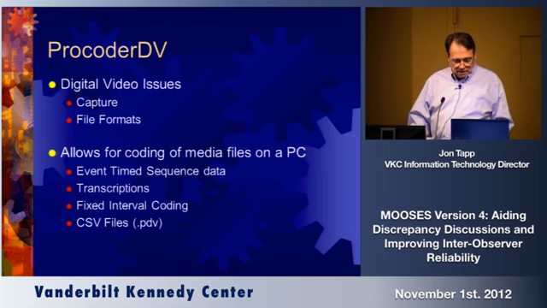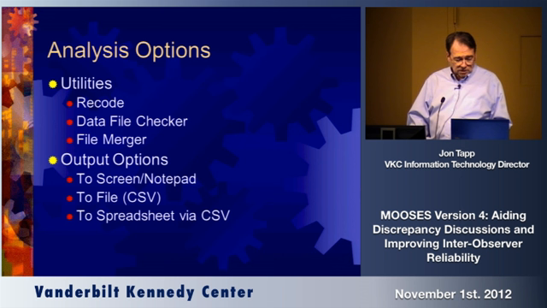I'm not going to go too much into what Procoder does. I'll show you in a minute just so you'll get an idea. I'm going to just go over some of the analysis real quick that Mooses will do. Some of those are in the old one, and I haven't put them in the new one yet.